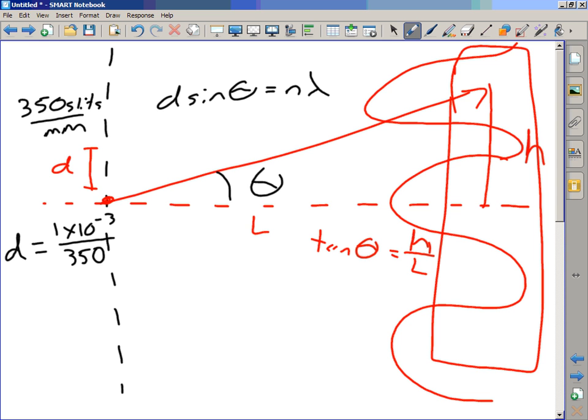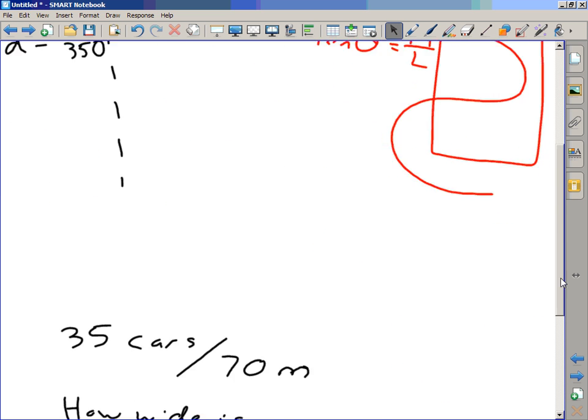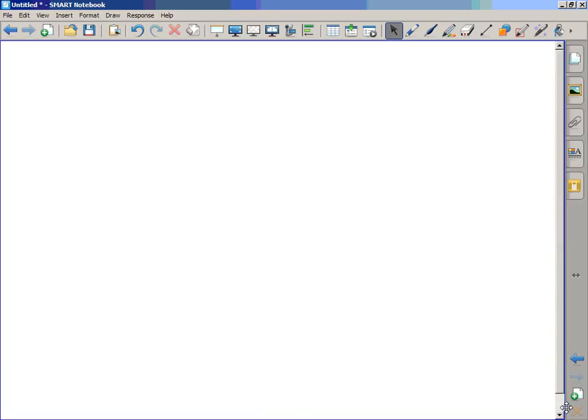So let me set up a problem for you, like the one you'll do in lab. I've got a diffraction grating here that has, let's use our 350 slits per millimeter idea.